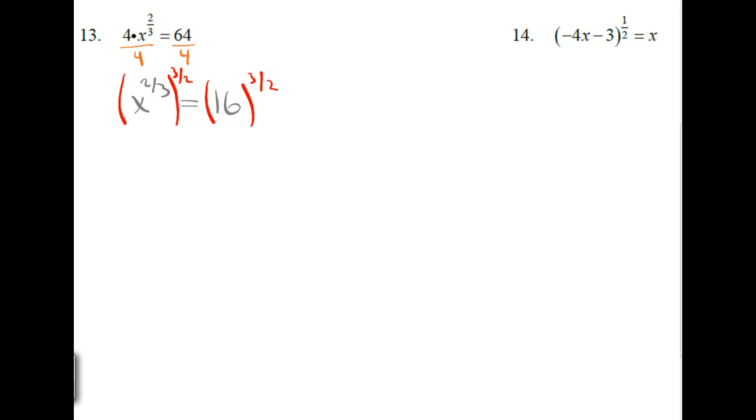So by taking both sides to the 3/2 power, I'm essentially getting x by itself, and that's equal to 16 to the 3/2. Well, to the 3/2 power is the same as the square root of 16 cubed, which is 4 cubed, and 4 cubed is equivalent to 64.